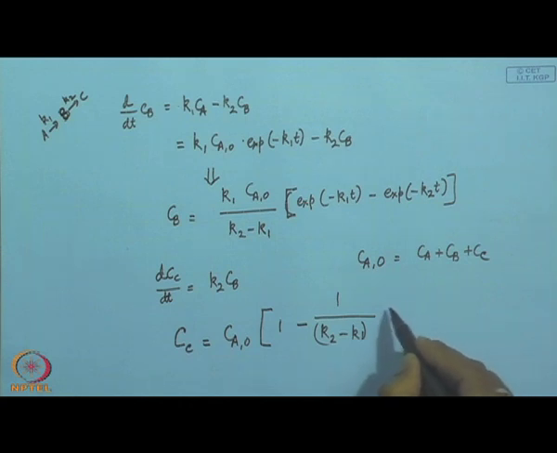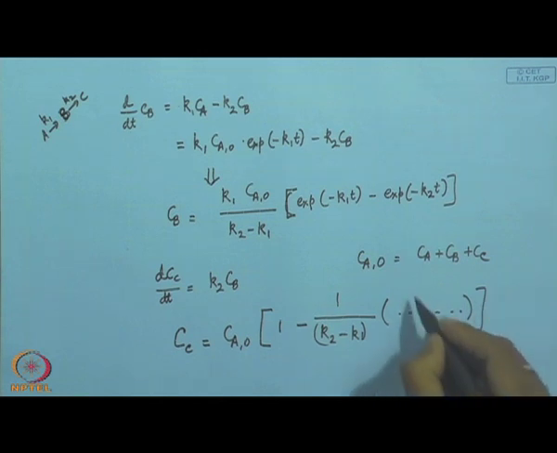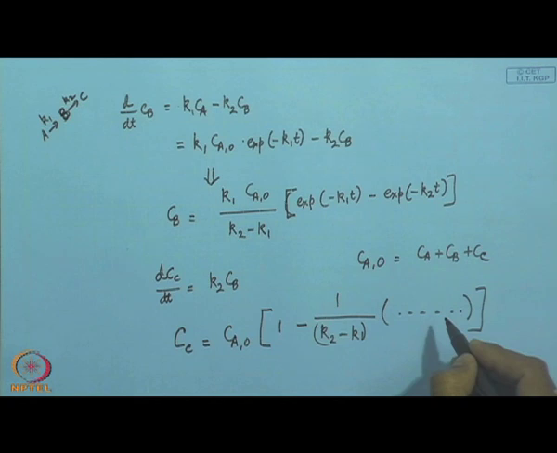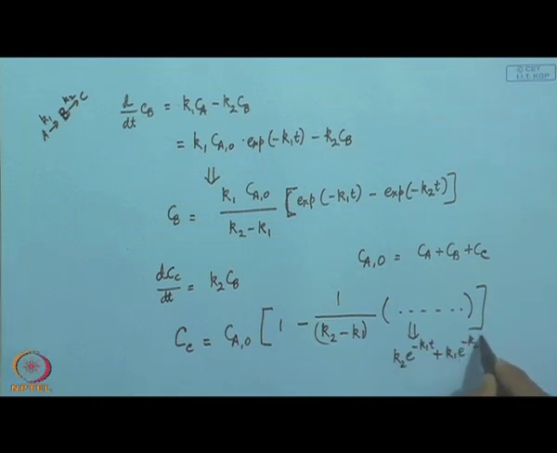There will be two exponential quantities: K2 exponential minus K1 t plus K1 exponential minus K2 t.